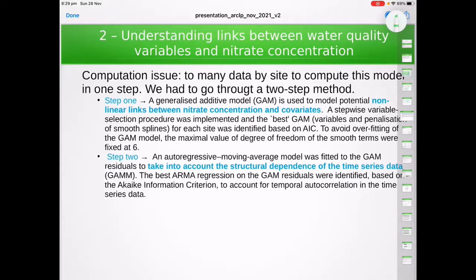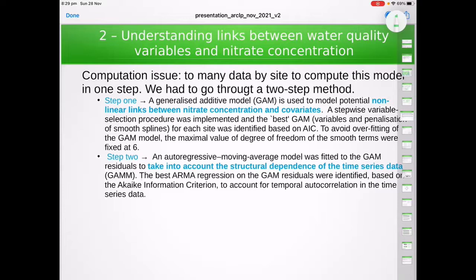So to overcome this computational issue, we moved to a two-step approach. In the first step, we use a generalized additive model to model the non-linearity of each covariate, with a stepwise variable selection procedure to choose the best model and also to avoid overfitting with the non-linear effects. We fix the smoothness with a maximum value of the degrees of freedom.